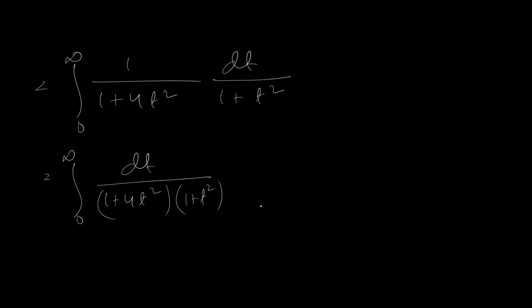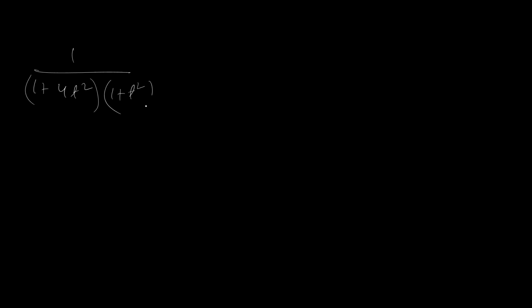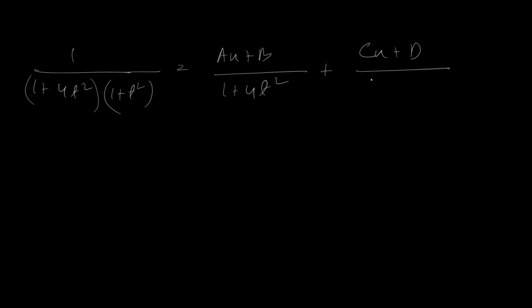Now I will use partial fractions. So I can write 1 by 1 plus 4t square into 1 plus t square as at plus b by 1 plus 4t square plus ct plus d by 1 plus t square.